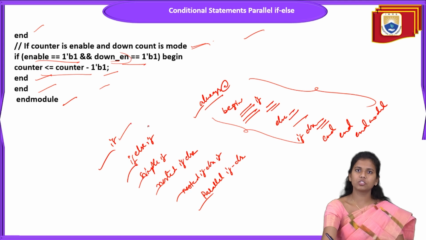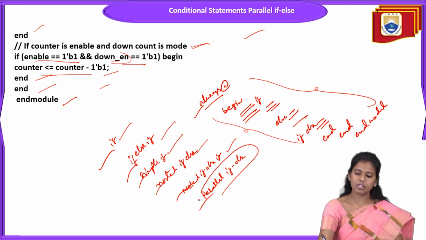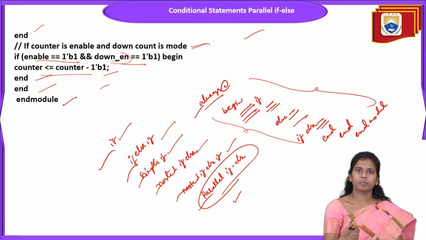Whether it is an if condition, an if else if condition, a simple if condition, a nested if else condition, a nested if else if condition or a parallel if else condition. This parallel if else condition is a special conditional statement with which we will be able to know the priority of the bits.